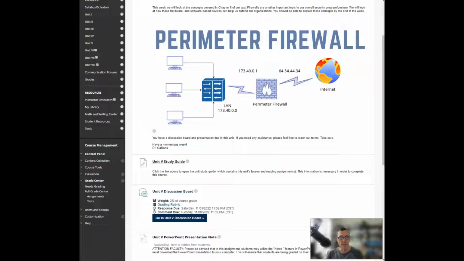So looking at the discussion question for Unit 5, what I pose to you is a scenario where your organization has had a firewall in place for the past 4 years. Although you've not experienced any substantial attacks, your Chief Information Officer has tasked you with investigating at least 3 viable options to upgrade your current capabilities.